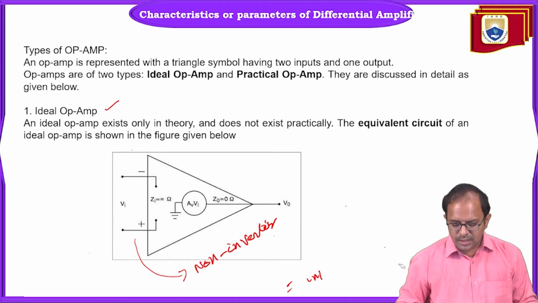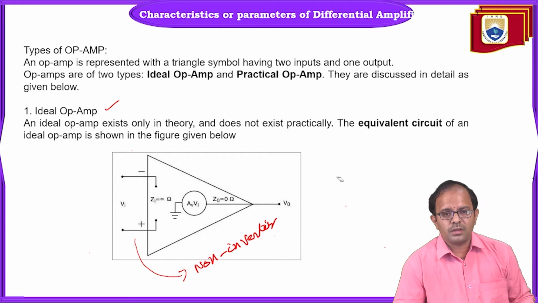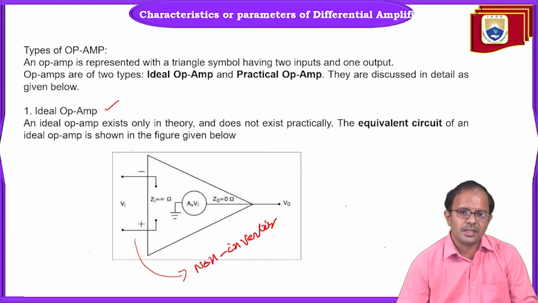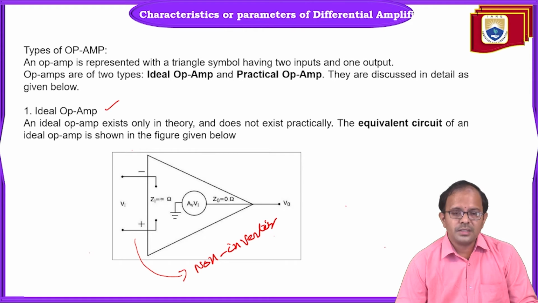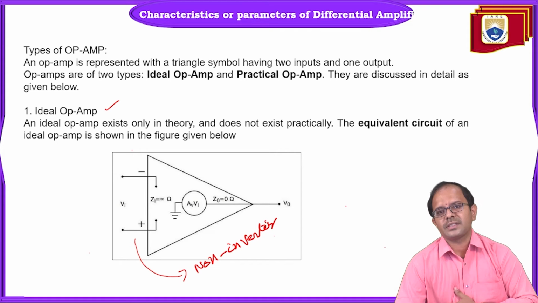Diodes are defined by means of their characteristics, so one can distinguish ideal and practical in terms of their characteristics. Another way is in terms of the input impedance and output impedance.